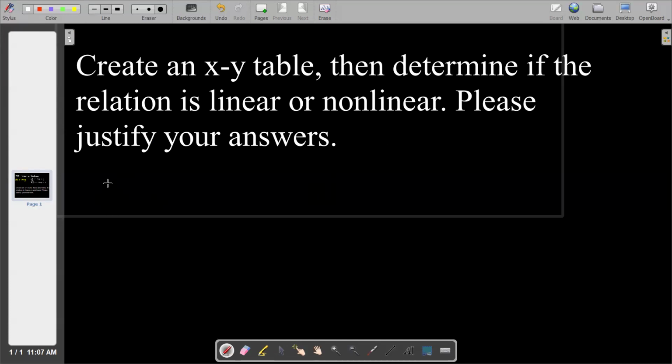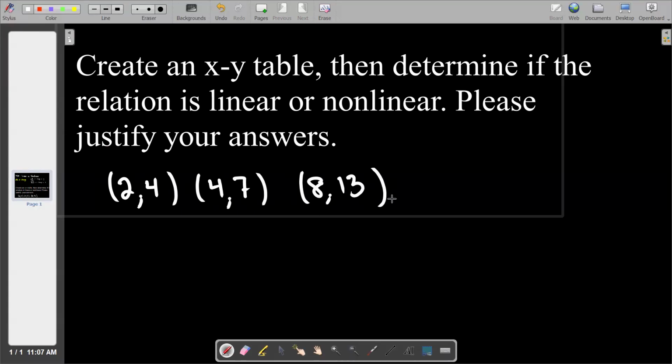So for our first example, we have 2, 4, 4, 7, 8, 13, and 14, 22. So the goal is to see, is this linear data?